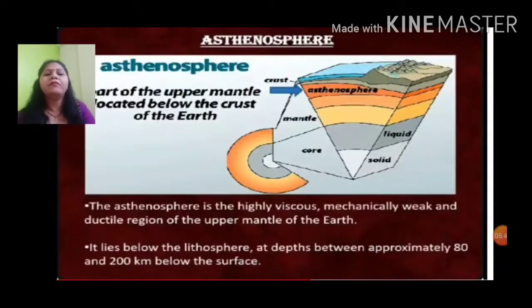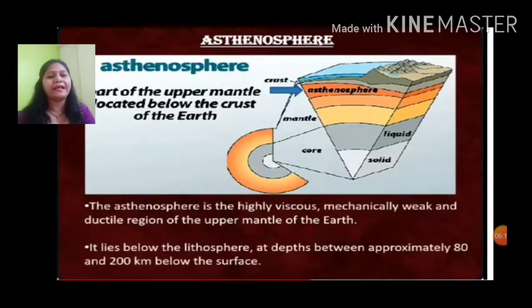Very importantly, the upper mantle is more in a liquid state, as I said, and here you can find magma chambers in the upper sections. It is through these magma chambers that volcanic eruptions take place on the surface of the earth.